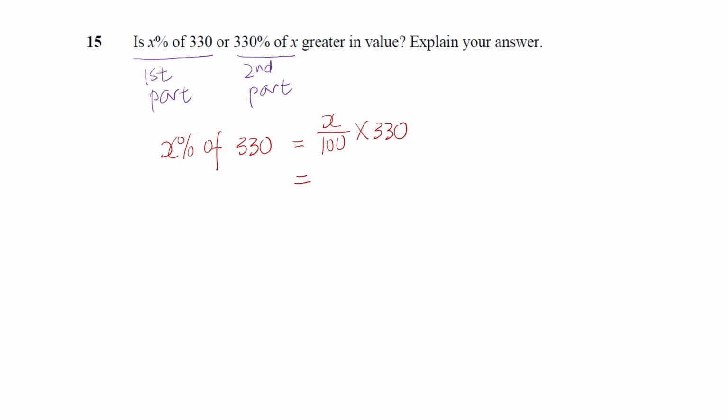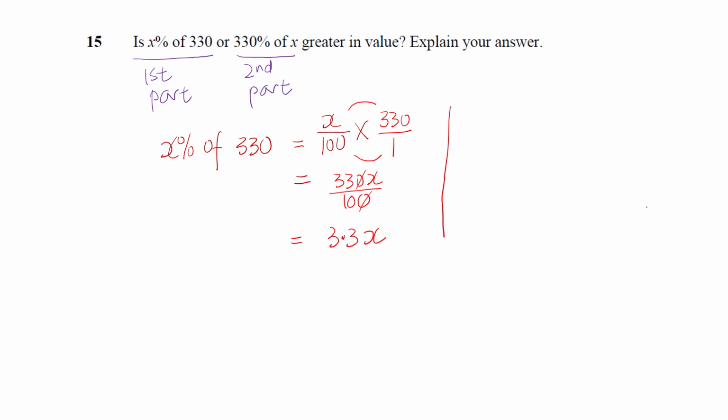We can write 330 as a fraction, 330 over 1. We multiply the numerators, then the denominators. That gives us 330x over 100. It's easier to compare decimals than fractions, so this gives us 3.3x.